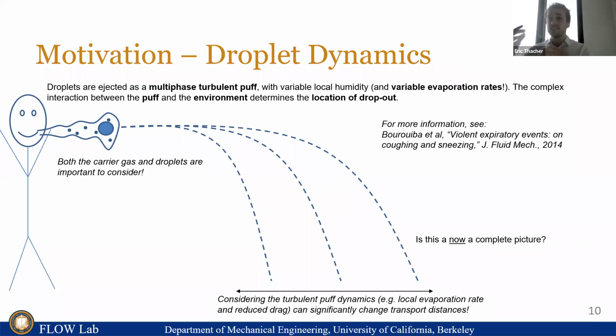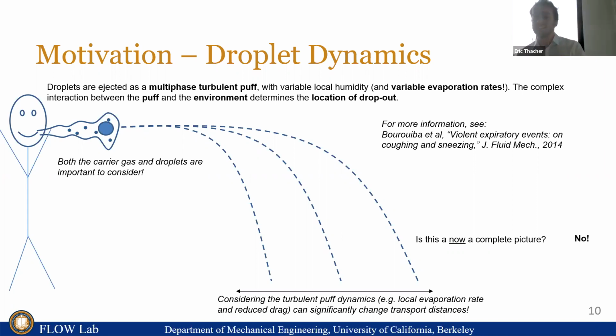And that isn't just the local evaporation rate. When a droplet is contained within a puff, it's going to be carried forward with the inertia of the carrier gas, which means it has reduced drag compared to being expelled into a perfectly quiescent environment. So droplets can actually go much further than you'd expect if you consider them in isolation.